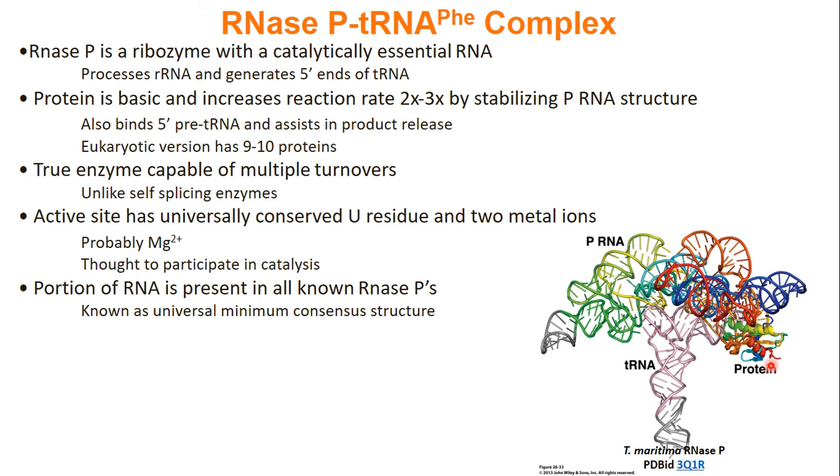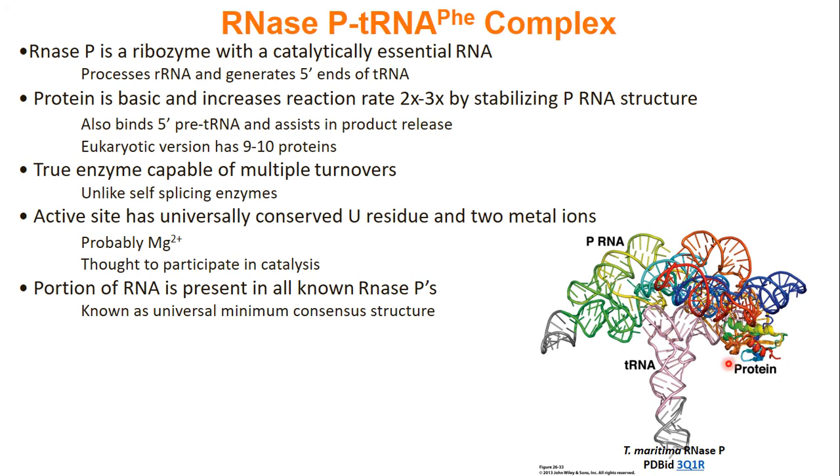The protein is basic, which means it's positively charged, which makes sense because RNA is negatively charged. What the protein really does is it just helps stabilize this pRNA and speeds up the reaction rate 2 to 3 times faster. So pRNA will work by itself as a catalyst, but this protein is really just there to stabilize. It'll bind tRNA and it will also help release the product.